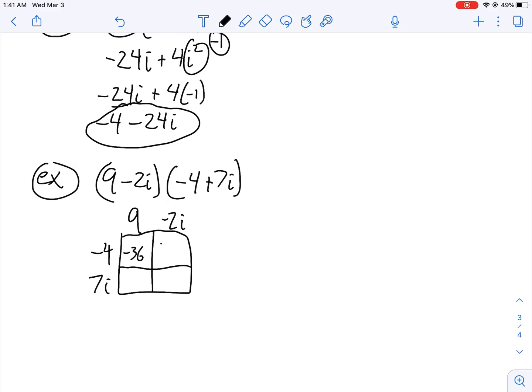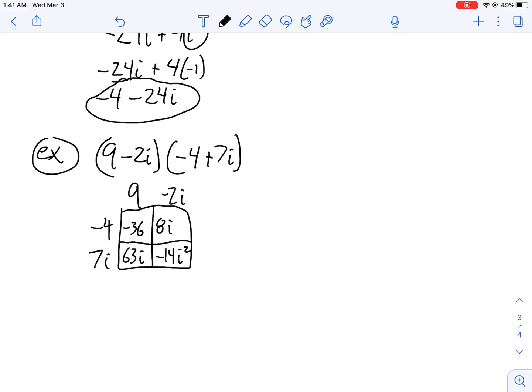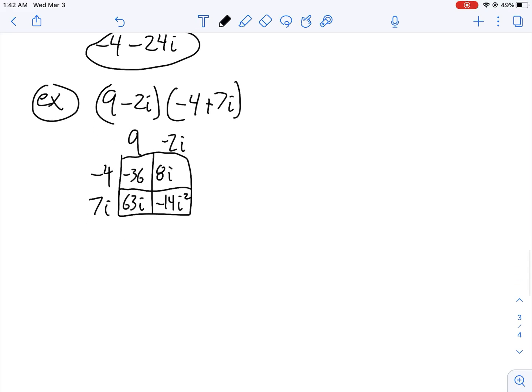Negative 4 times negative 2i is positive 8i. 7i times 9, that's 63i. 7i times negative 2i, negative 14i squared. And if we look right now, i squared, that's negative 1. We can deal with it before we even pull it out of the box. That's up to you how simply you want to go through this stuff, but let's just write everything out that we've got.